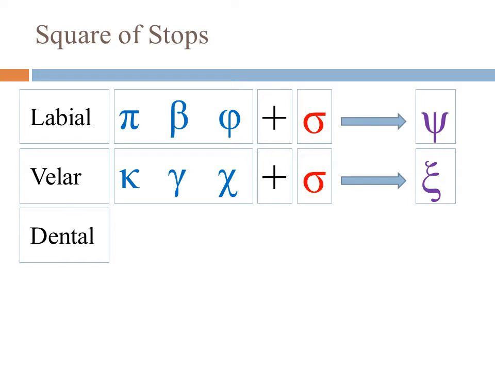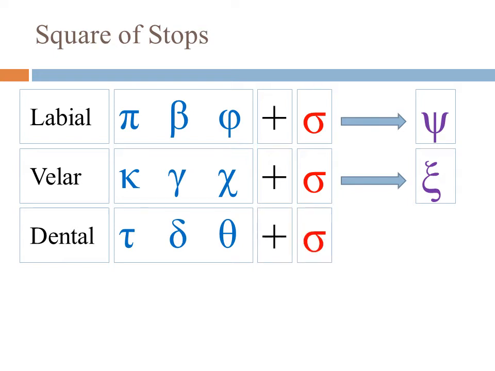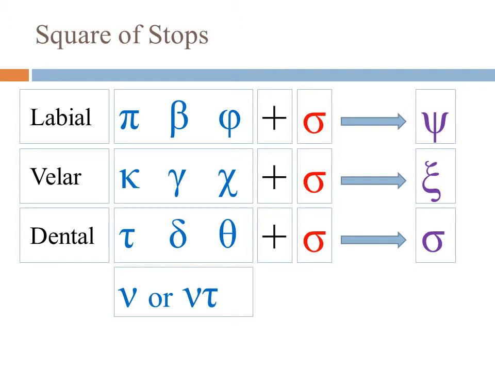A dental is when the tongue touches the teeth, and we get tau, delta, and theta. When any of the dentals touches a sigma, we get a sigma. The sigma kind of overwrites the sound of the dental. And we have a couple others. We have nu or nu tau, and if either of them touches a sigma, again, we get a sigma.